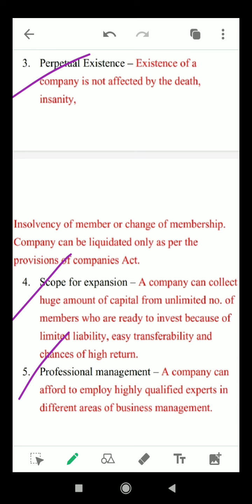Such educated, highly qualified talented persons can be attracted by high salaries and better career opportunities. And the efficiency of management will help the company expand and diversify its activities.